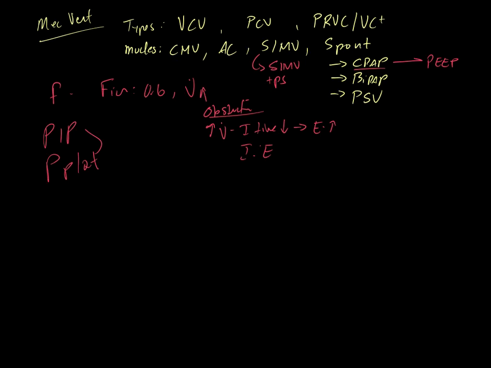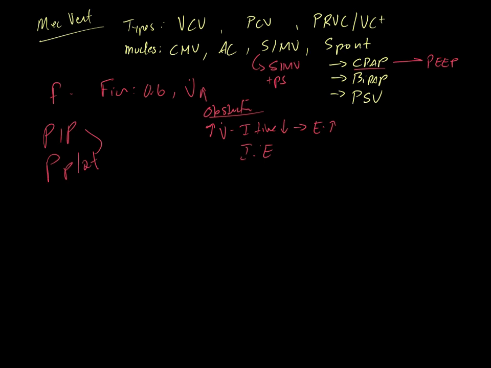When the PIP and the P plat go up together at the same time, that's more of a lung compliance problem, right? A low compliance like pneumonia or ARDS or circumferential chest wall burns or abdominal compartment syndrome, yada, yada, yada.